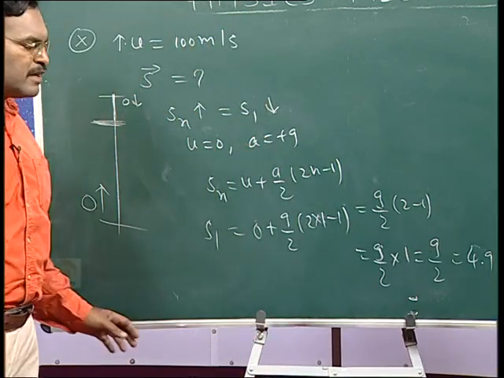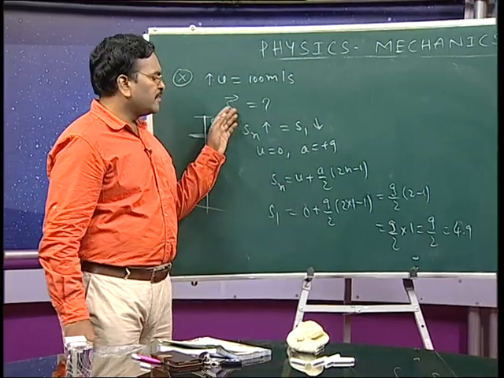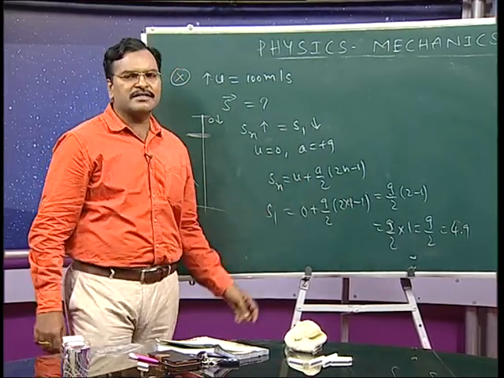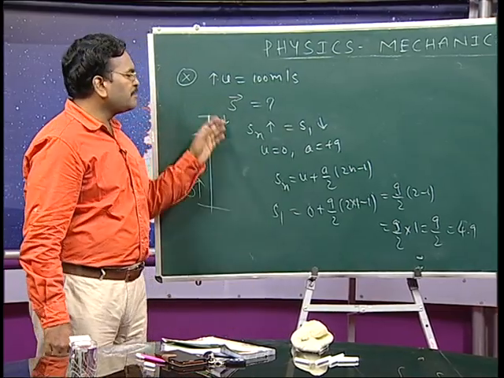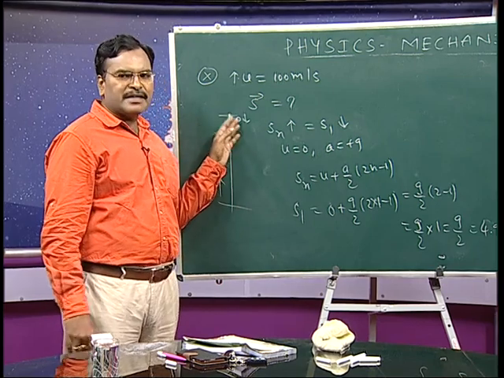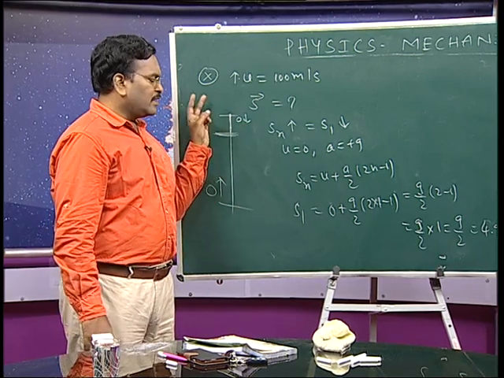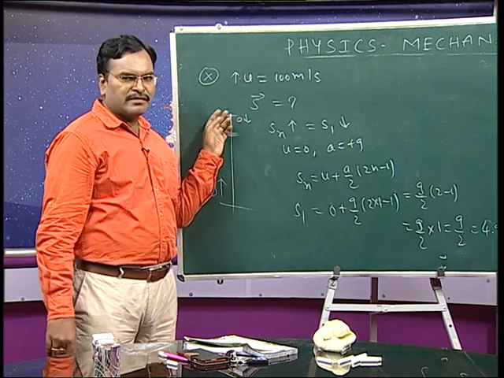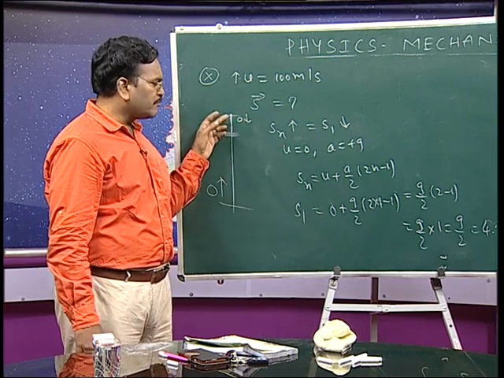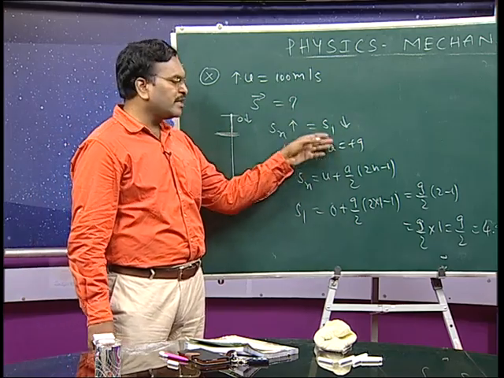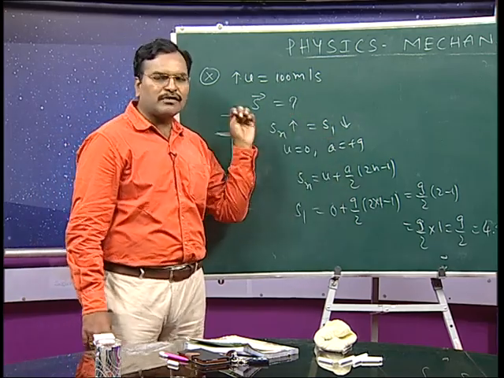So, displacement here we are getting is 4.9. It is independent of the initial velocity of projection. A body projected with velocity 100 meter per second, whatever it may be, the displacement of a vertically projected body in the last second of upward motion is nothing but the displacement of a freely falling body in the first second of downward motion.